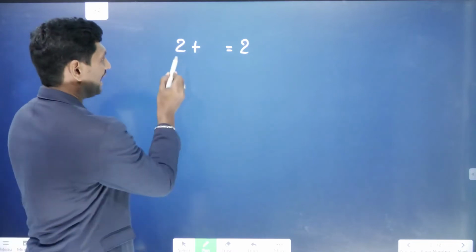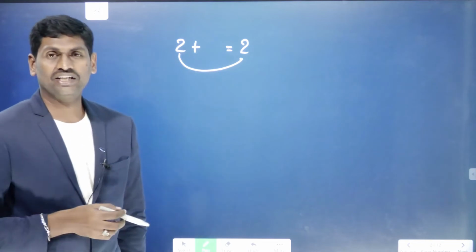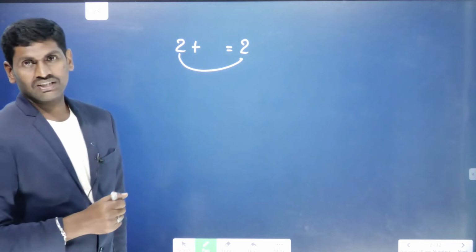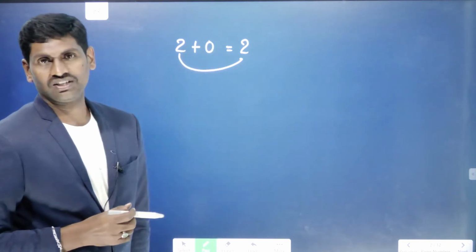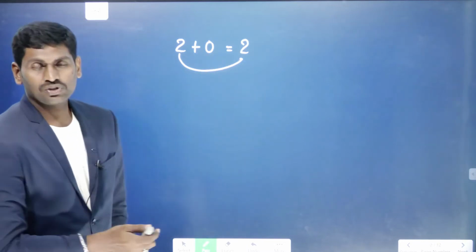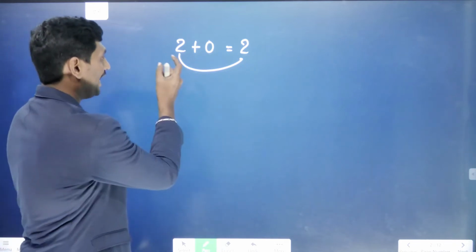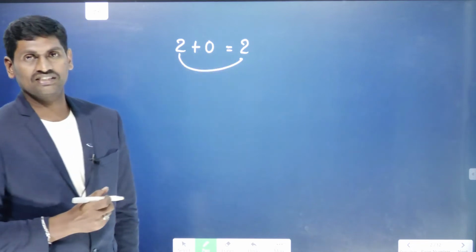That means the identity of 2 is not disturbed. What is that number? 0. So 2 plus 0 is 2. Here the number 0 helps to maintain its identity as it is.